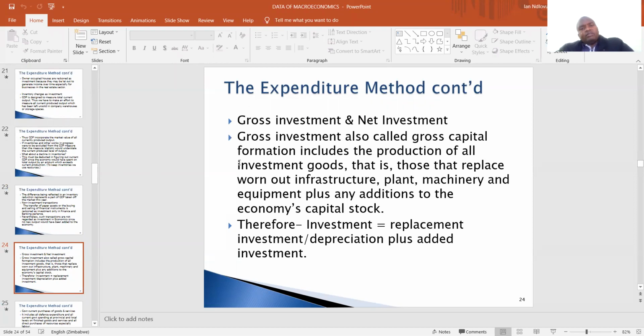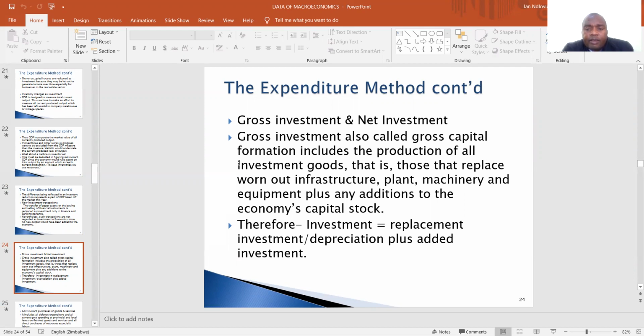How about gross investment and net investment? Gross investment, also called gross capital formation or gross fixed capital formation, includes the production of all investment goods, that is, those that replace worn-out infrastructure, plant, machinery, and equipment, plus any additions to the economy's capital stock.